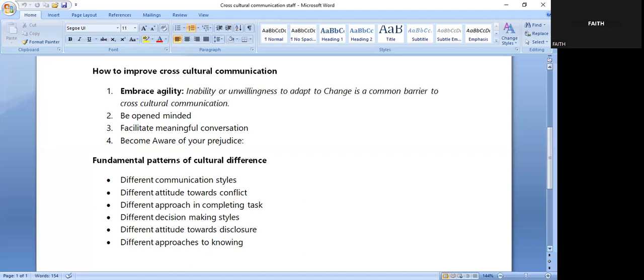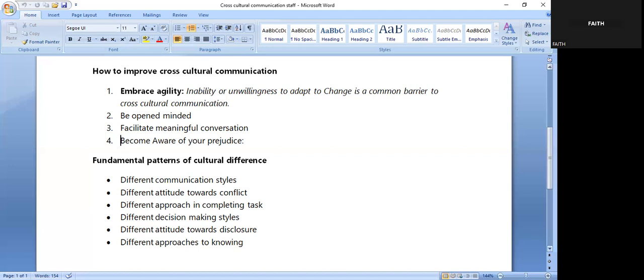Then we also talk about different approaches in completing a task. Some of this communication we talk about is not just about talking. It has to do with our attitude and our concept about work. Some people do a task little by little, while some rush their task.